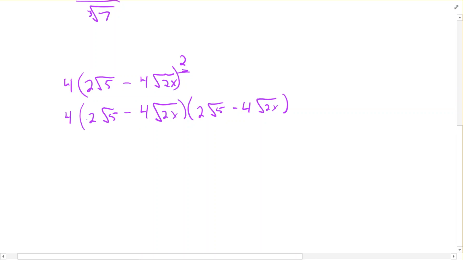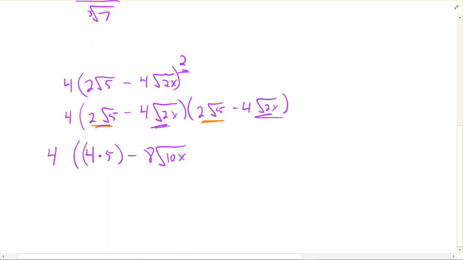So what I'm going to do is just expand the rest of it. I'm going to ignore the 4 for a minute and just keep it sitting there. I'm going to go this one times this one first. That's going to be 4 times 5. That's the first one. And then this one times this one, that's going to be minus 8 square root 10x.